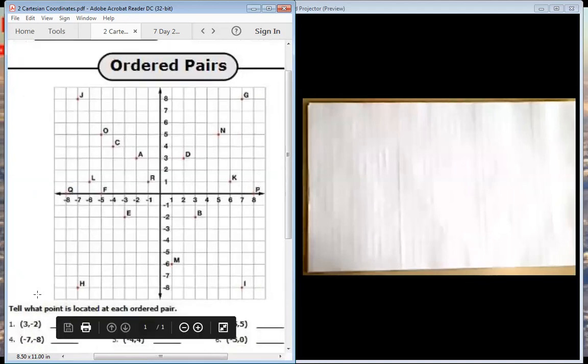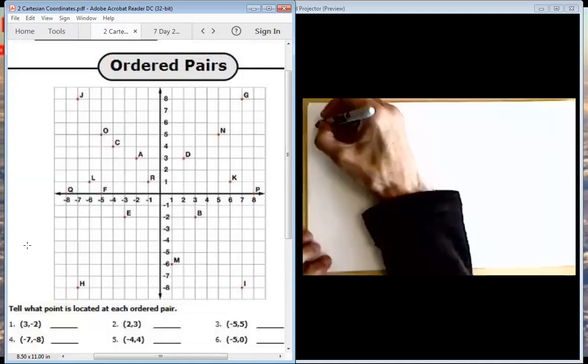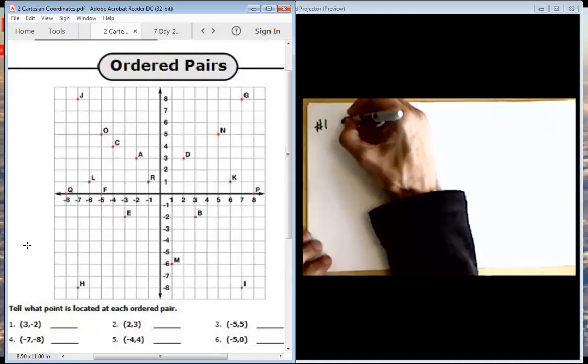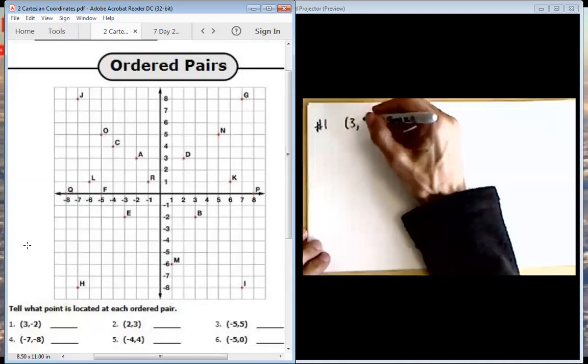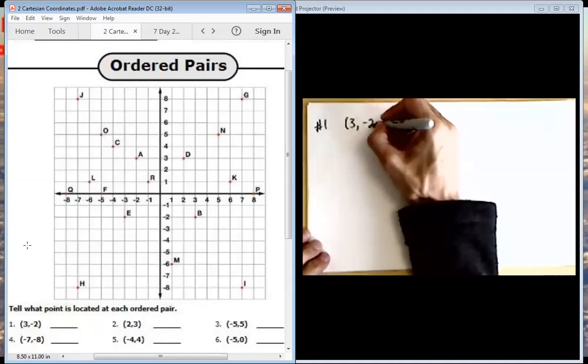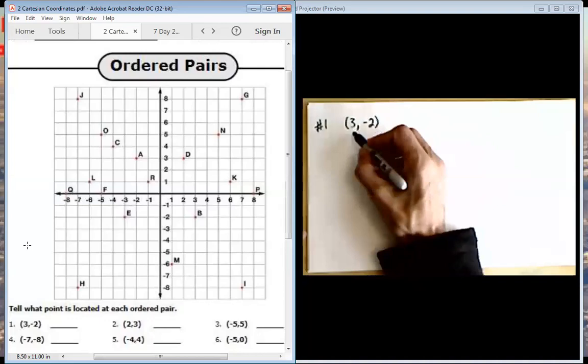There we go. So the number 1 we're looking at is right down at the bottom, right? Number 1 has the coordinates of 3 and -2. So before we look at the letters and all that, what directions is this saying to go from the origin?